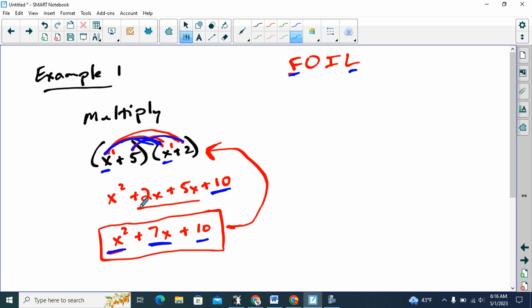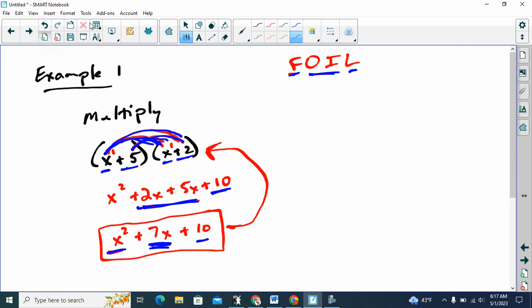The 7x is from when we combine the outside and the inside terms. When I add x times 2, that's 2x, and 5 times x, that's 5x, 2 plus 5 gives me the 7x. So we're going to be trying to figure out what these numbers are, here and here. Notice those two numbers, the 5 and the 2, they multiply to this 10 right here, and 5 plus 2 add up to this 7.